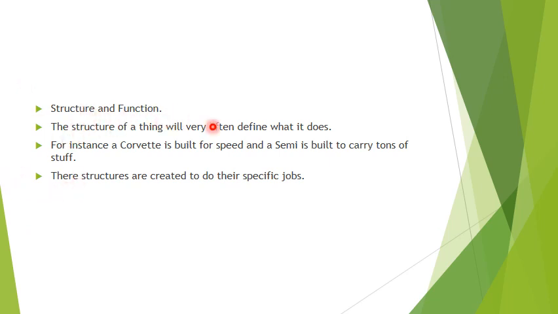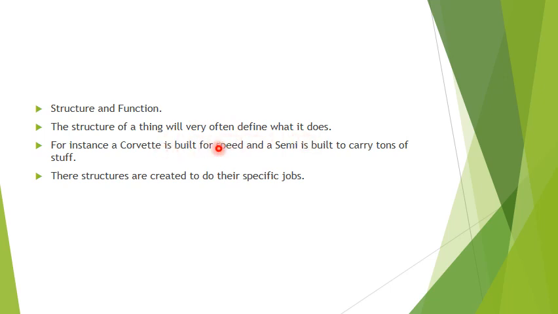The structure of a thing will very often define what it does. For instance, a Corvette is built for speed, and you can just look at it and know that it will drive fast. A semi, on the other hand, is built to carry tons of stuff, and if you were to look at the two, you could probably guess which one is going to be able to do what.